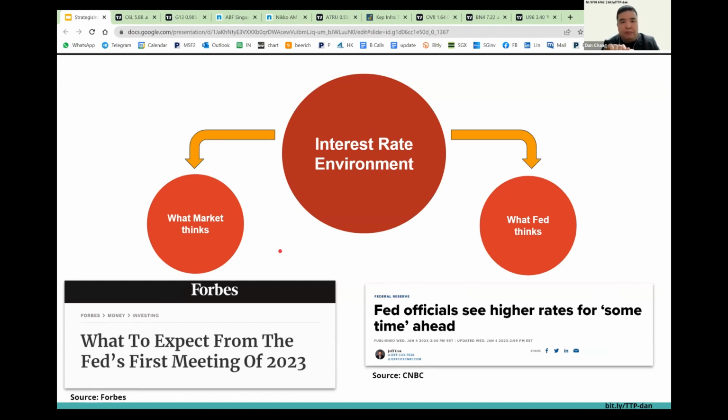So if the data that's going to come out in the next few months is favorable, showing that inflation is easing, they will consider doing a smaller rate hike or even leaving the rate unchanged. That is what they say. Economic data will be the main thing they'll be looking at.